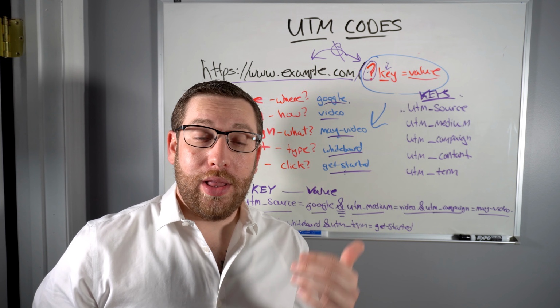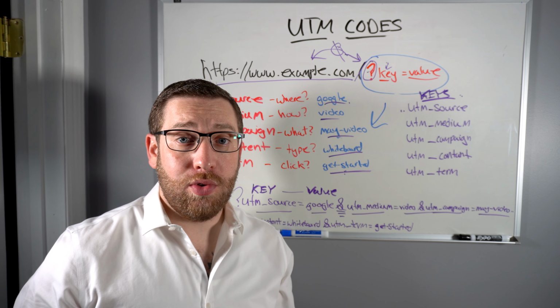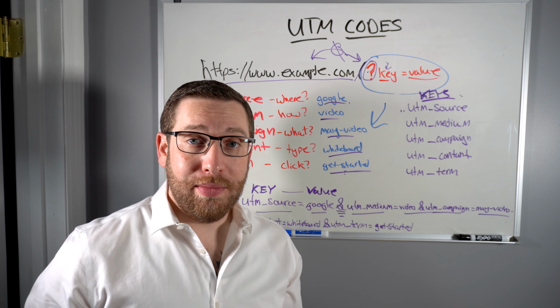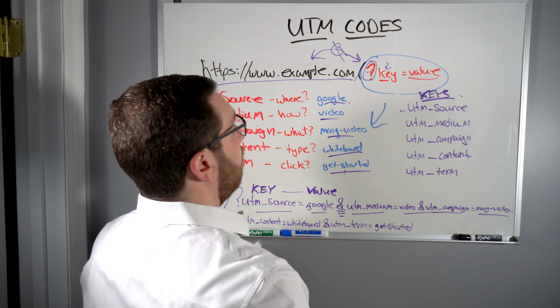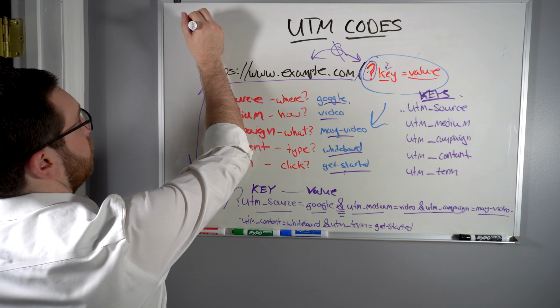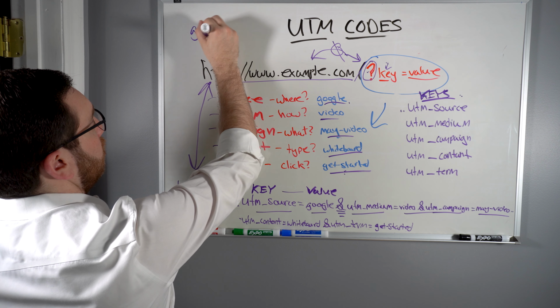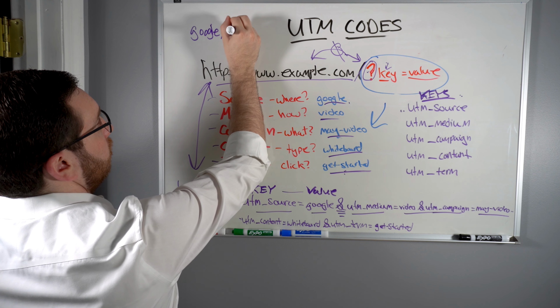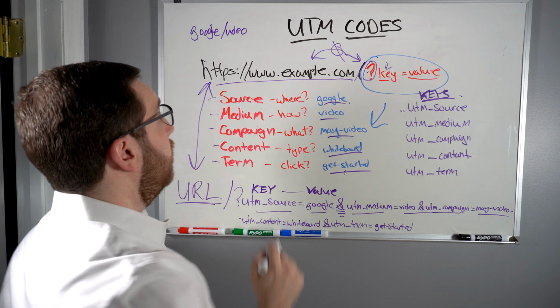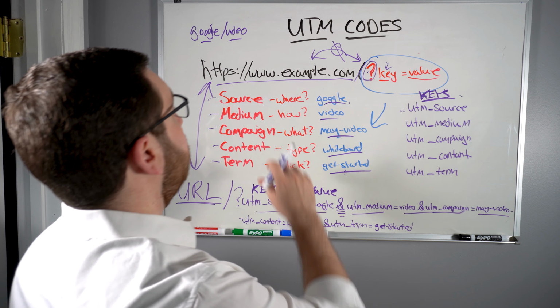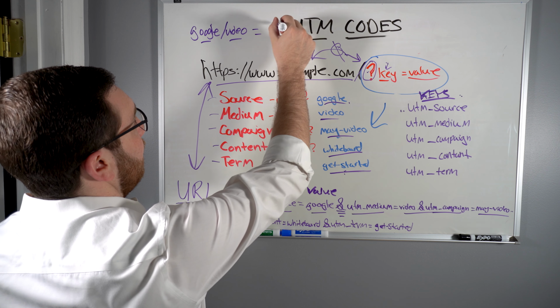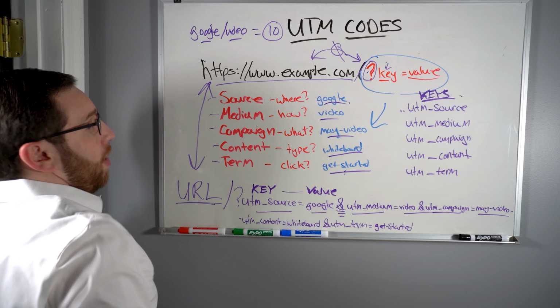So in Google Analytics, you go into your acquisition reports and you can see by source and medium how they got there. Your source medium report will show Google/video. It'll show you your source and then your medium. And so you can say, okay, equals 10. 10 people went to my website from there.